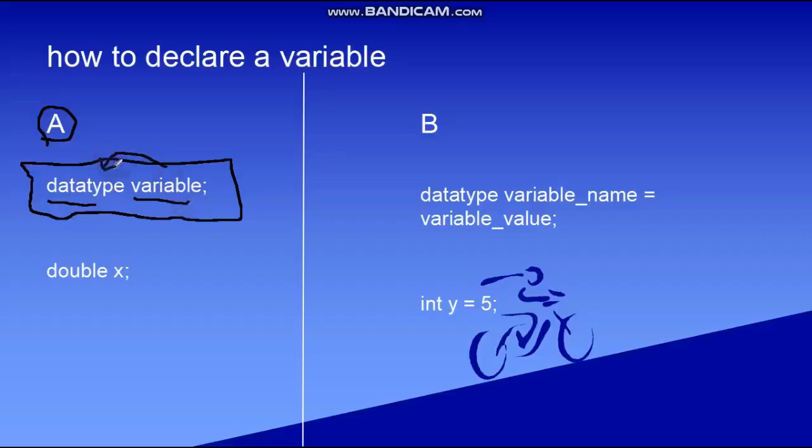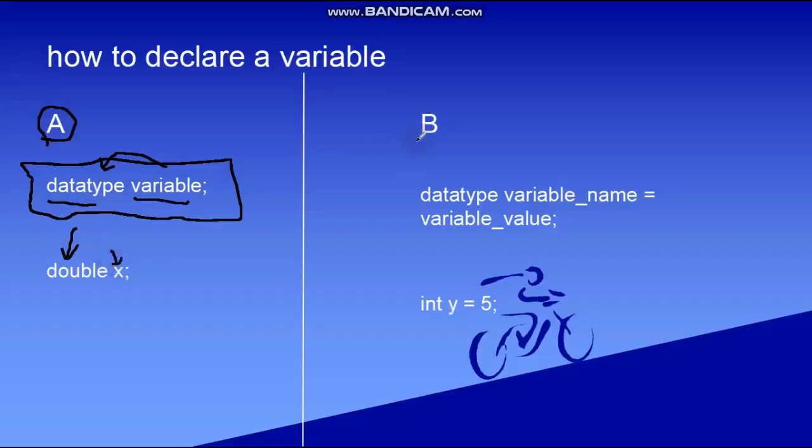If the data type is an int, that means the variable can only hold integer values, just like in the example below. Double x. Here x is a variable name with the data type double. That means x can hold double values, which are floating numbers, or numbers that have decimal points, or even whole numbers.